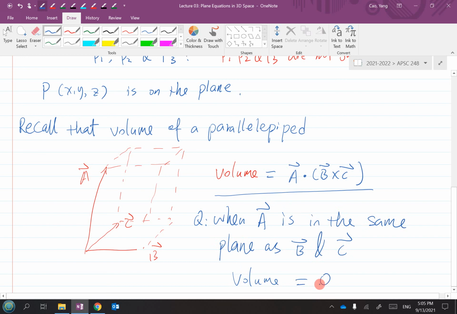Excellent, that's pretty obvious. Everything collapses, so the parallelepiped ends up with nothing. So the volume should be 0.